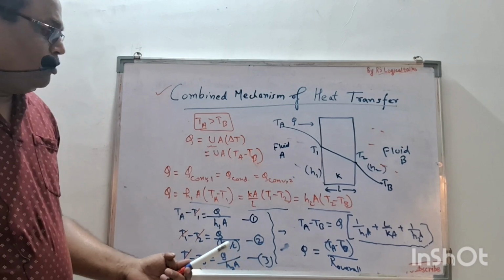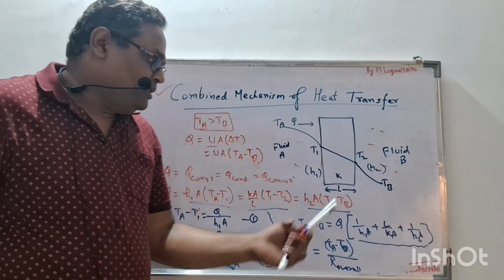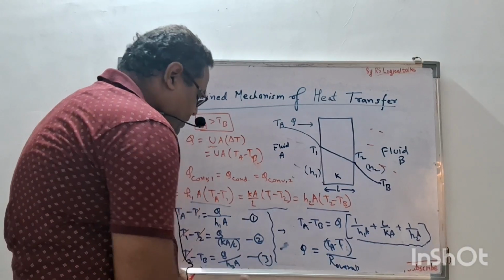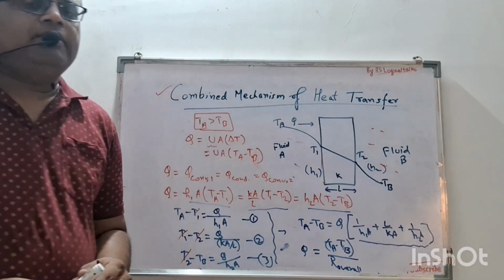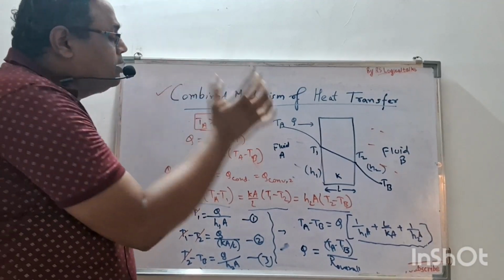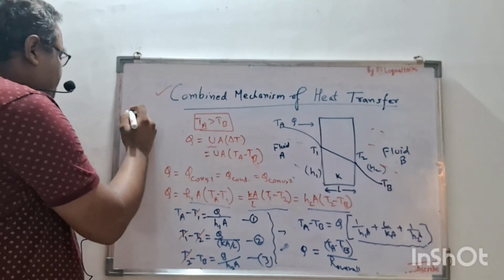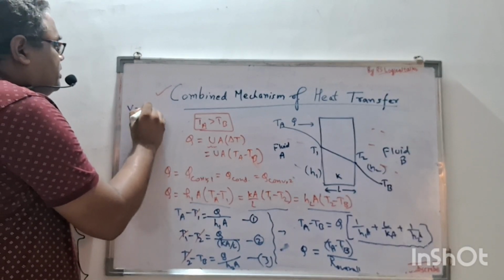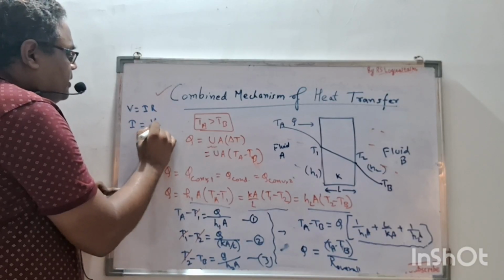So Q equals delta T, TA minus TB. TA minus TB is basically the temperature difference, which is the driving force. When we know V equals IR, then I is basically V by R.